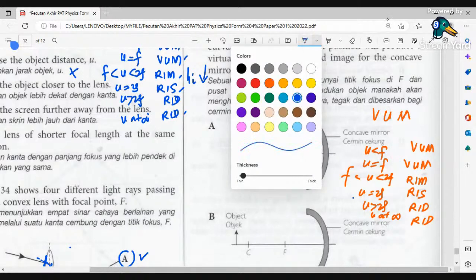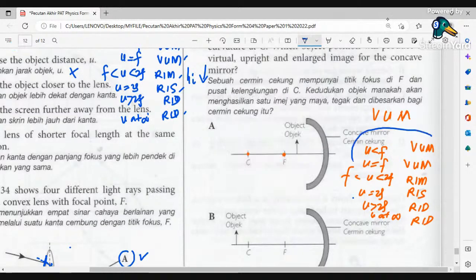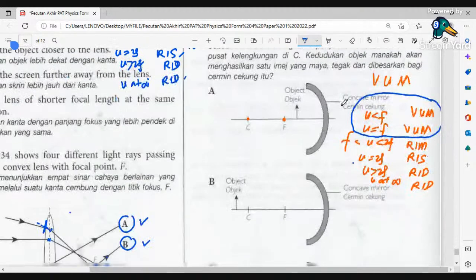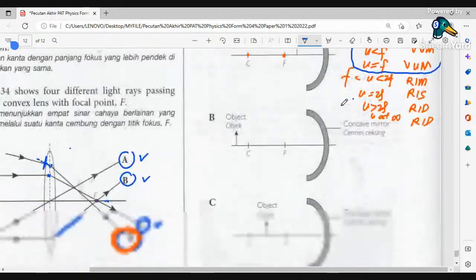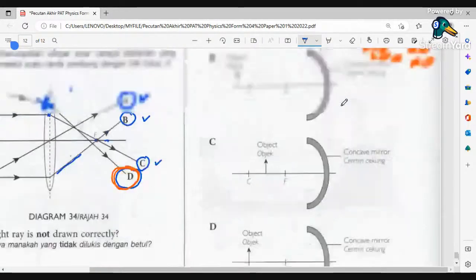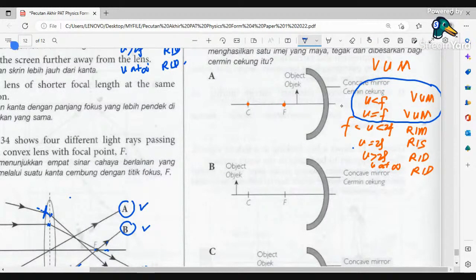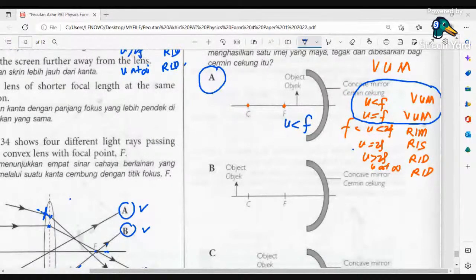Maksudnya ialah boom. Sini. So you pilih mana satu? U less than F atau U equals to F. Okay, mana satu? Okay, jawapan dia A saja. Nampak tak? U less than. Okay. Jawapan A.